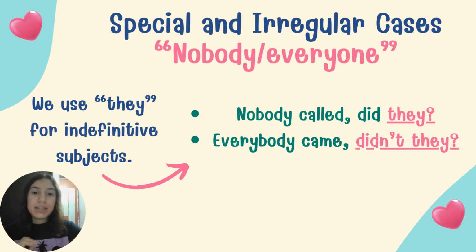Remember that the sentence is in past because called is the past. And the question tag is did, the auxiliary verb of past is did, they, remember, they. Did they?